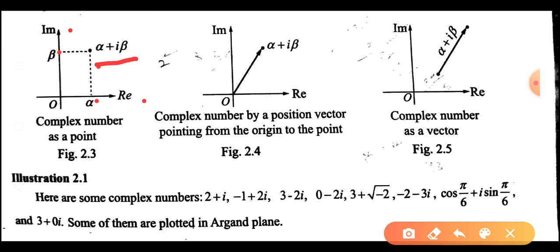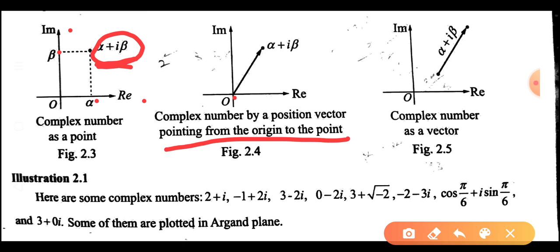So alpha plus i beta here. This is point form. Next, a complex number by a position vector pointing from the origin O to the point. So the complex number goes from O to alpha plus i beta. This is position vector form.